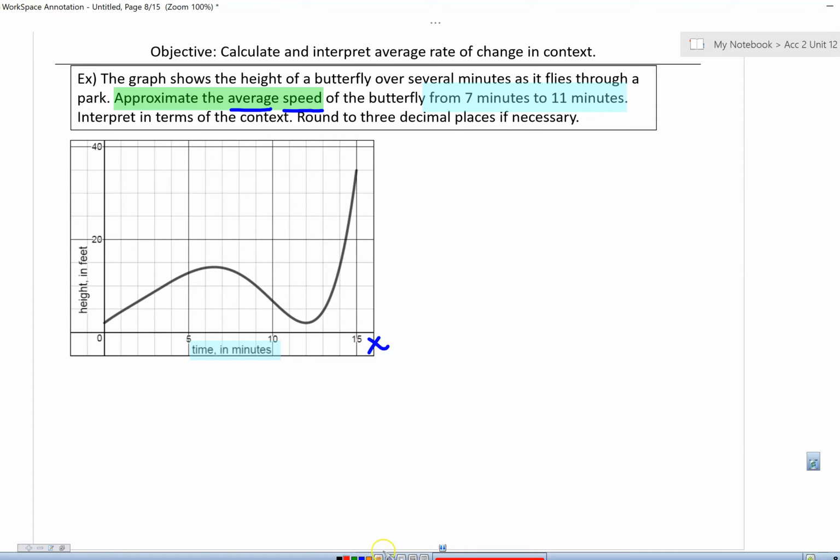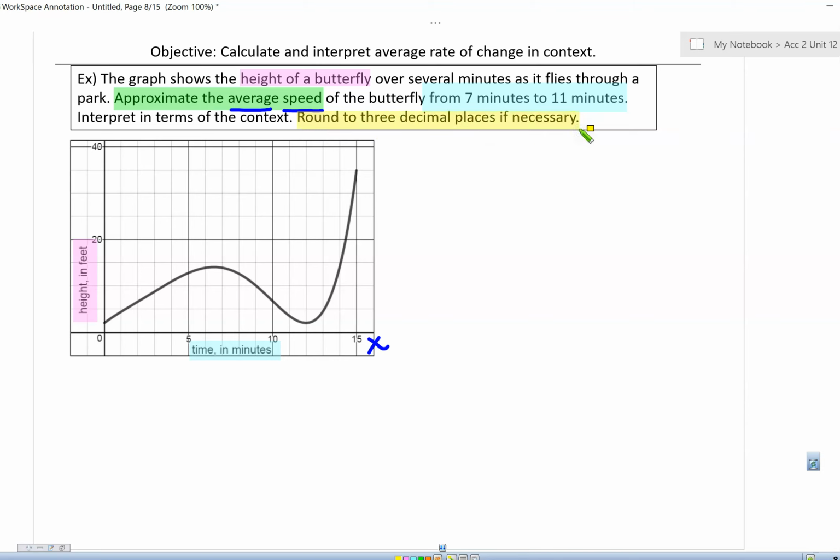Remember, that height is the butterfly as it's flying through this park. So we are to, when we get to the end of this, if necessary, round to 3 decimal places. So here's a good place to point out that this would be a problem in which a calculator is appropriate. So you are allowed to use one for this problem, or for these problems in this lesson.